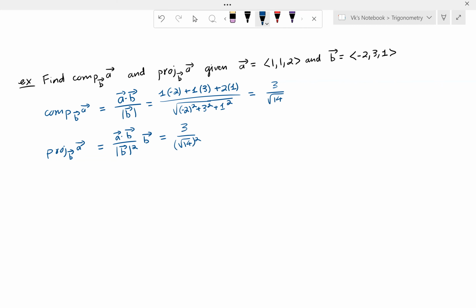We just have to square it, and then we multiply by the vector B, negative 2, 3, 1, which gives us 3 over 14 times negative 2, 3, 1, and we can distribute the scalar inside. So we have negative 6 over 14, 9 over 14, and 3 over 14.